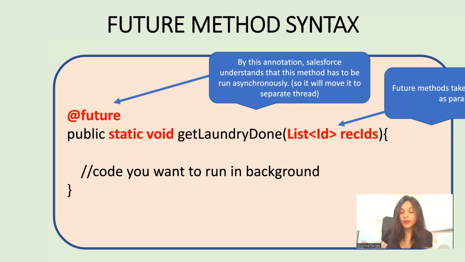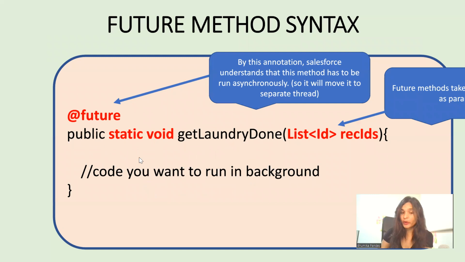So what does it mean? What happens in an asynchronous process? A separate thread is created for that method, for that process. That is the same thing which will happen for this method. The moment Salesforce identifies that this is annotated with the future annotation, this method will be executed in a separate thread. Okay, that is point one of the syntax.